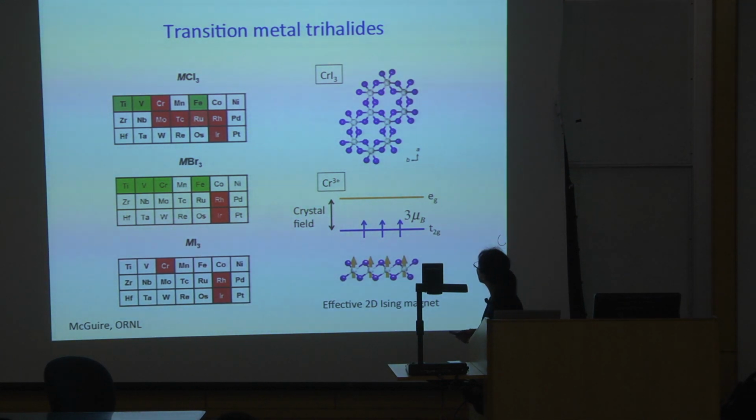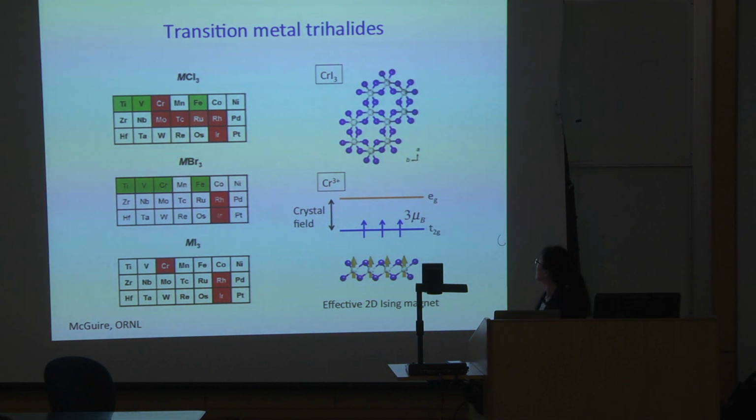Recently, Xiaodong Xu's group at Washington with Pablo's, the MIT group, reported this chromium triiodide being ferromagnetic down to monolayer thickness. And this is a semiconductor.